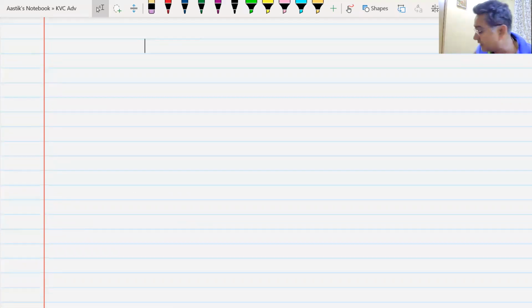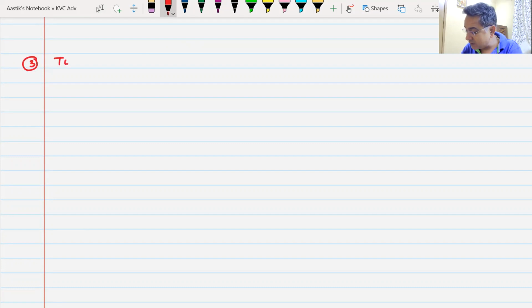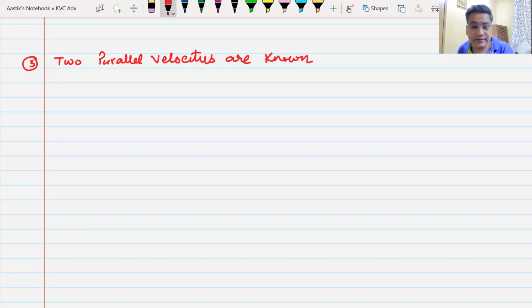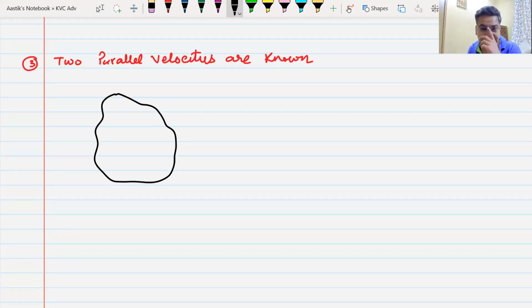And the third case is case number 3, when two parallel velocities are known. Basically what I mean by this is you have this rigid body.